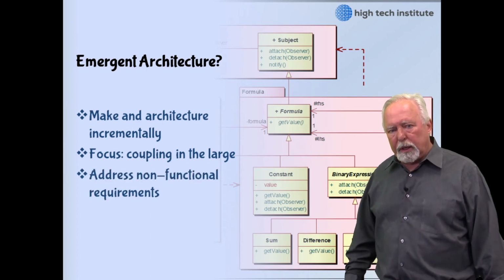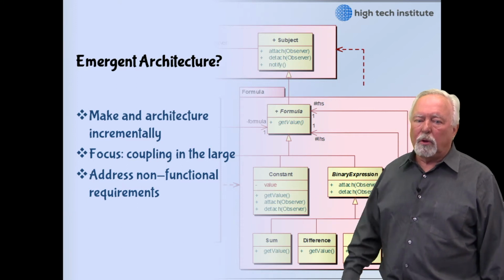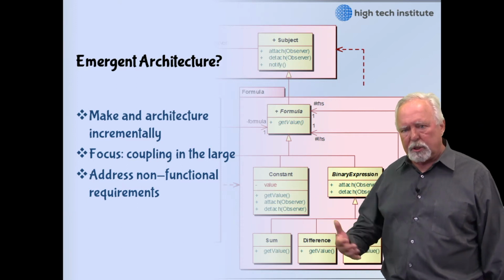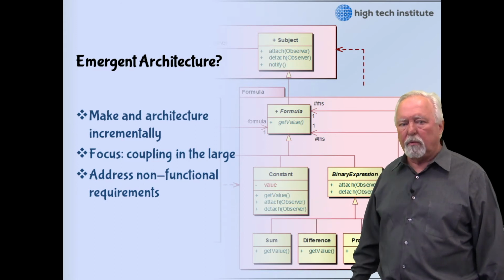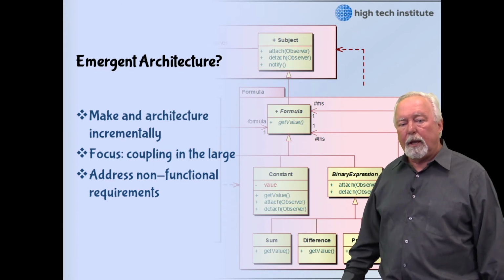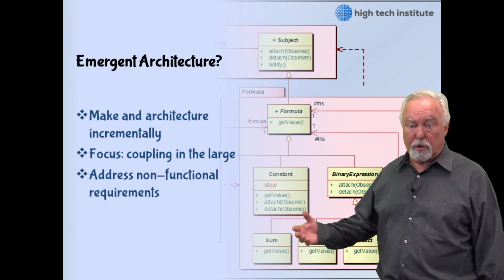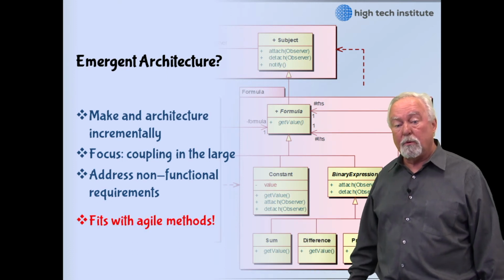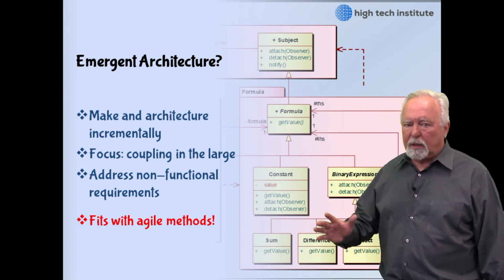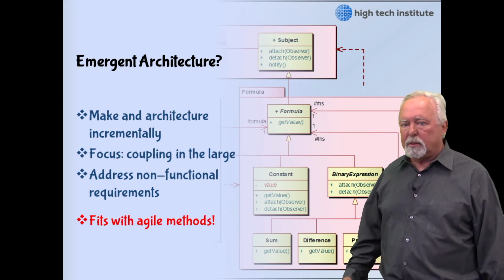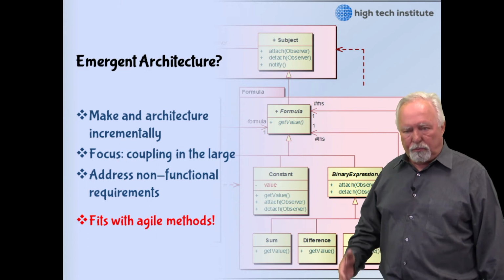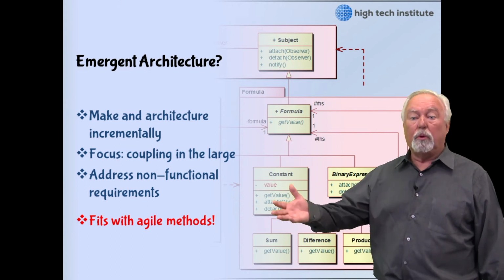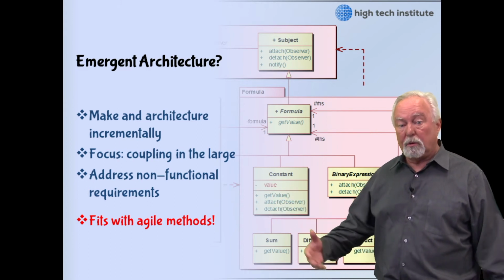Very important here is that you address non-functional requirements. That is actually the basis of architecture, and I want to show that in the next couple of slides. Because of all of this, it fits very well with agile methods, where you work iteratively towards some functional goal, but also non-functional aspects of your architecture.